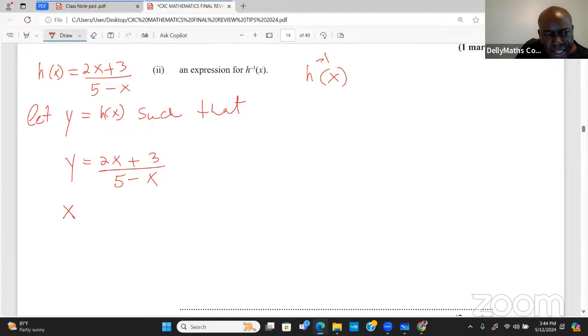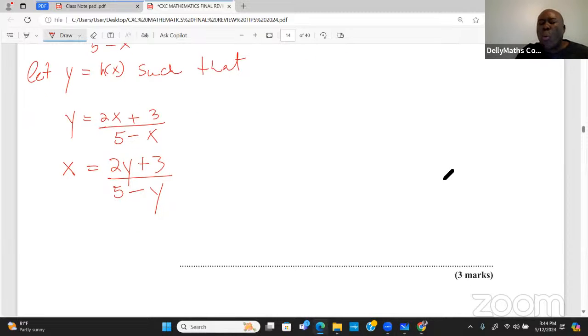So I'm going to have x is equal to 2y plus 3 over 5 minus y. So wherever the y is, we're switching that for x. And then the second step is that we want to transpose to make y the subject now, right? So the intention now, after you have switched, is that you want to make y the subject.